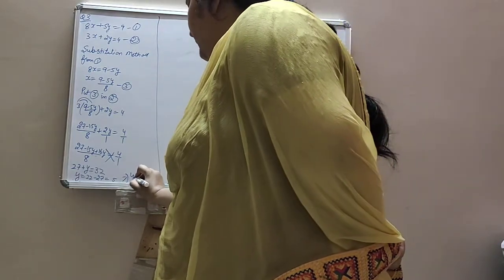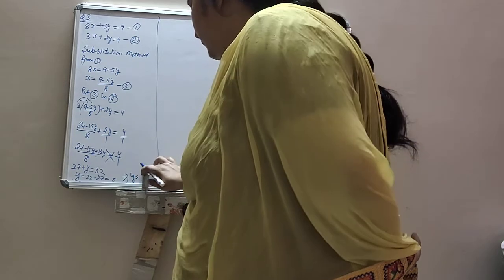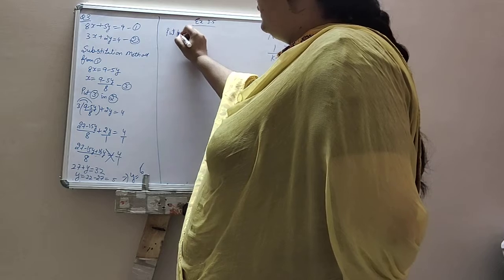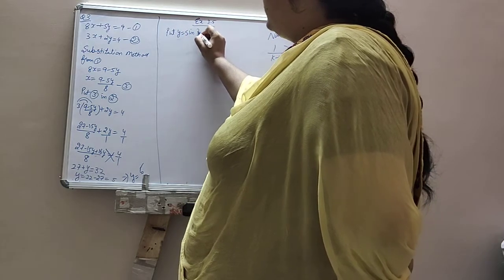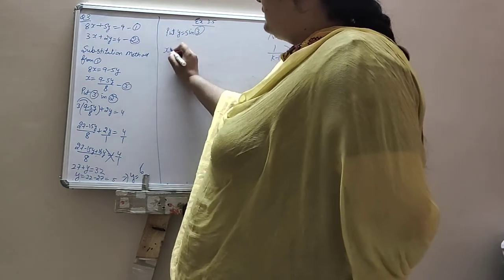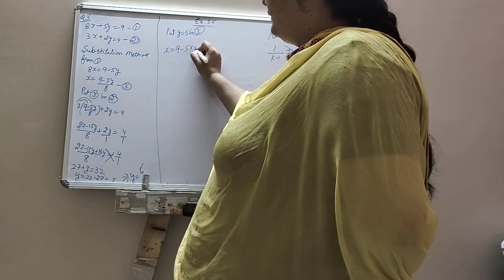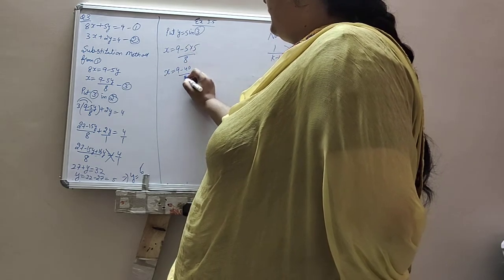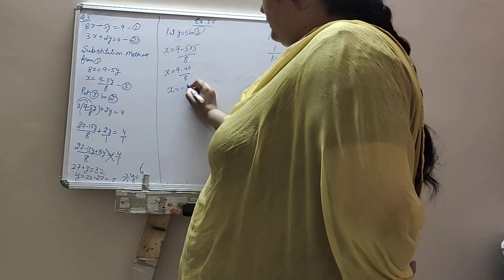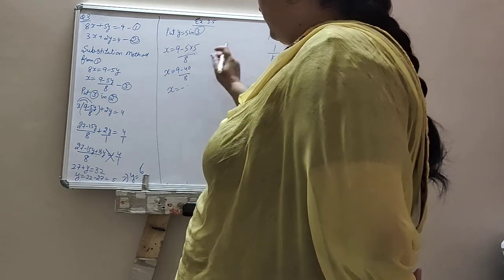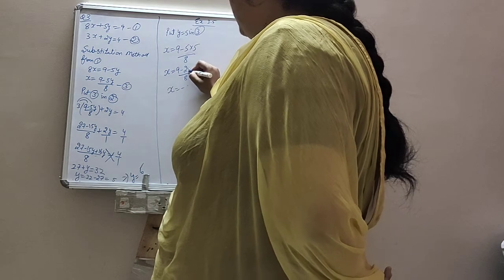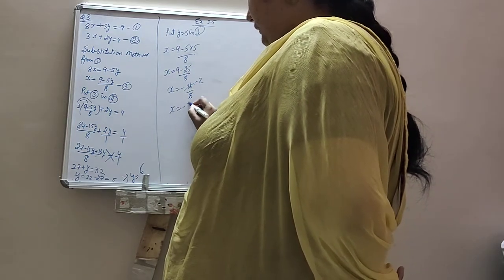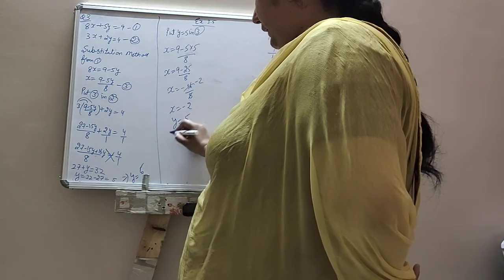That implies y is equal to 5. Put y is equal to 5 in 3. x is 9 minus 5 into 5 by 8, x is 9 minus 25 by 8, x is minus 16 by 8, x equals minus 2, y equals 5.